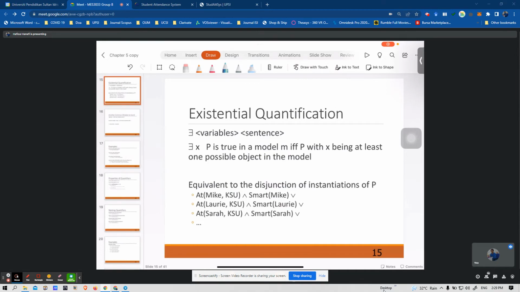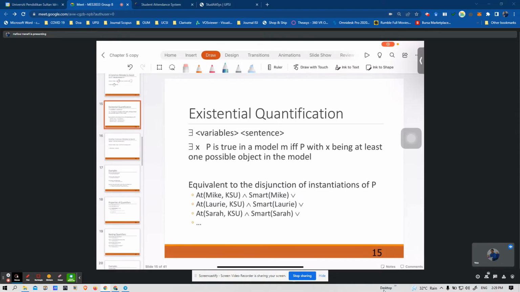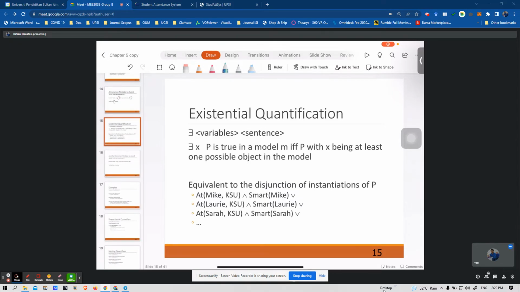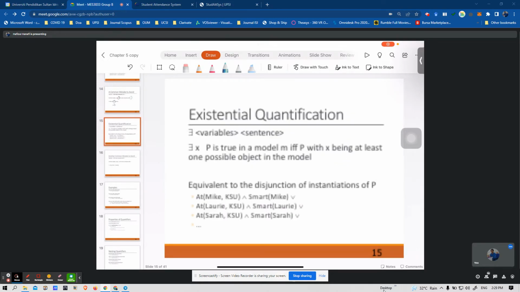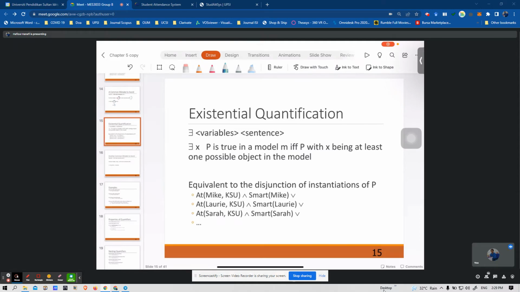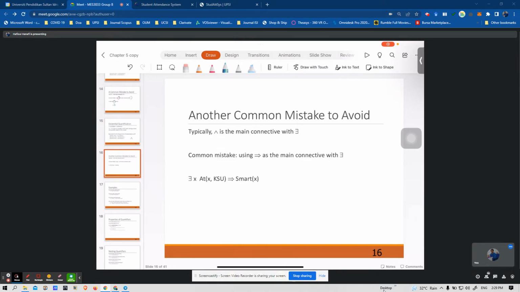And then for the existential quantification, it is equivalent to a disjunction.